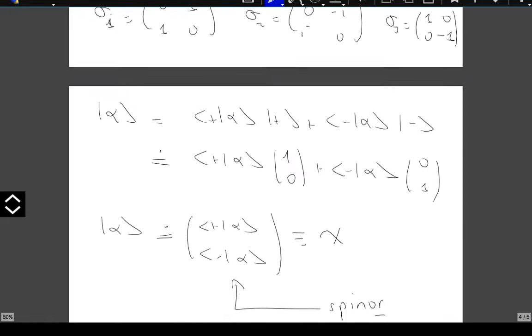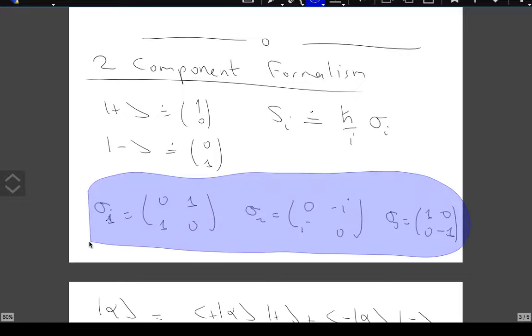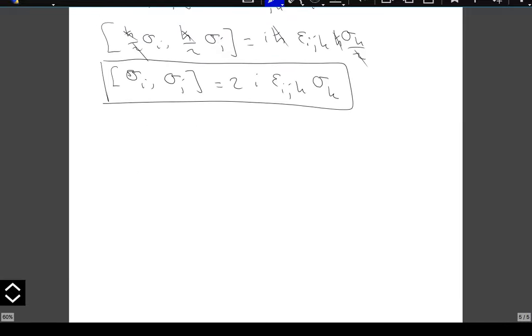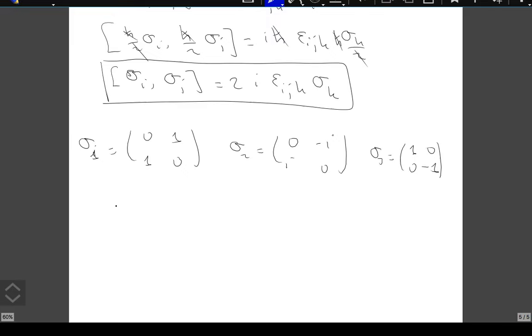Now, if you look at their explicit expressions, for example, let's see sigma 1, sigma 2. 0, 1, 1, 0, times 0, minus I, I, 0.